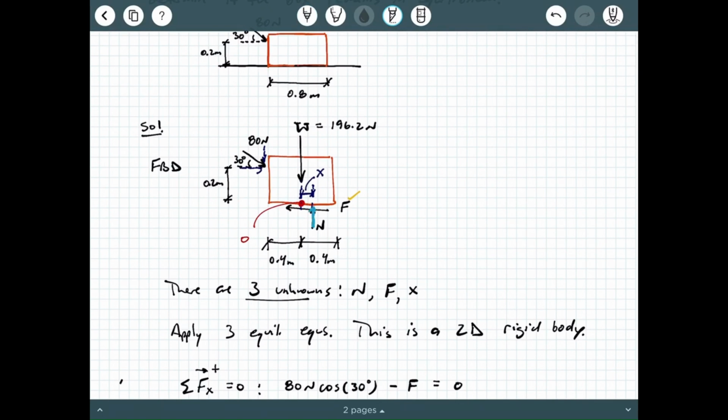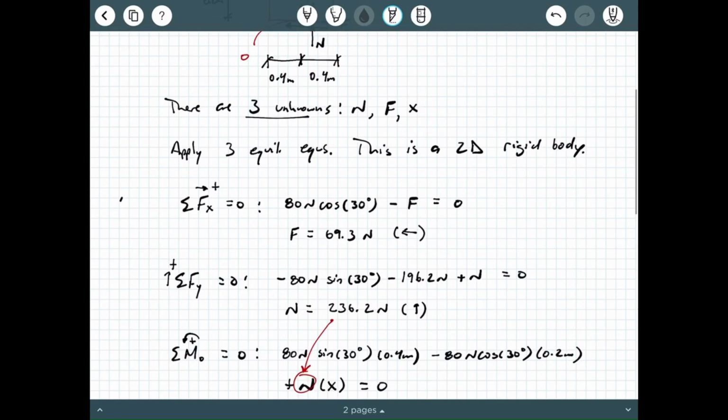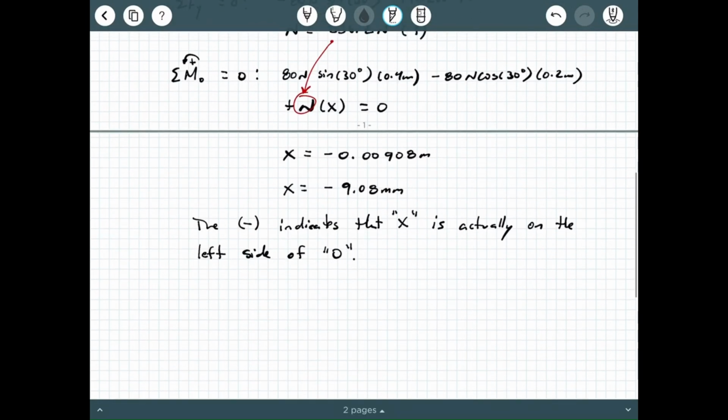So that means that instead of the normal force developing to the right of the origin, the normal force is actually developing just a little bit to the left of the origin, okay? So remember, we assumed X was measured from the origin going to the right. We got a negative, so X is actually measured from the origin going to the left. So that's what that negative sign means.